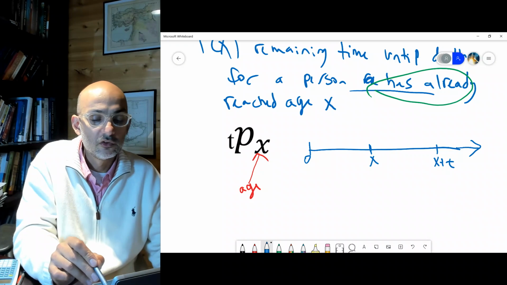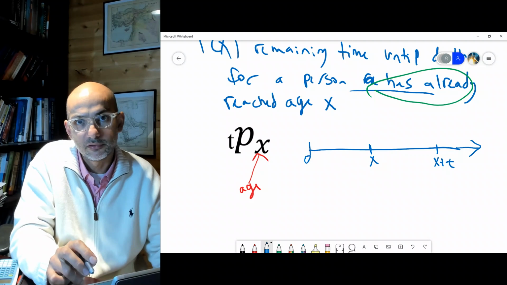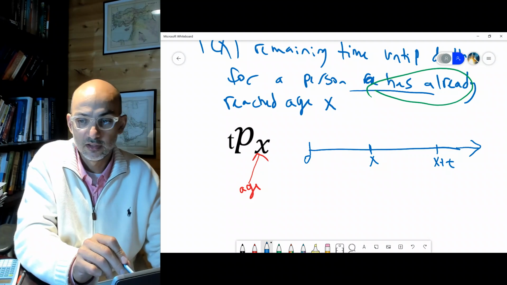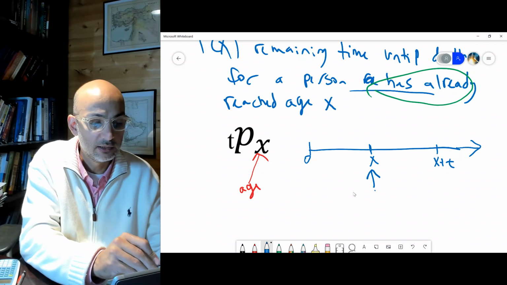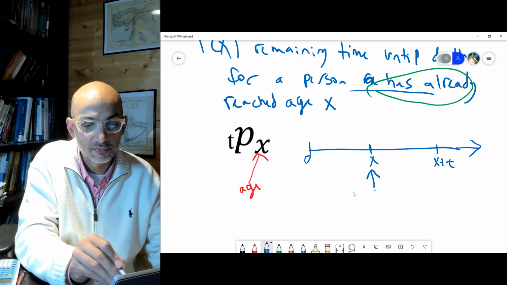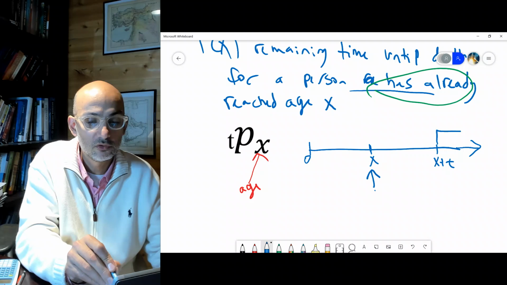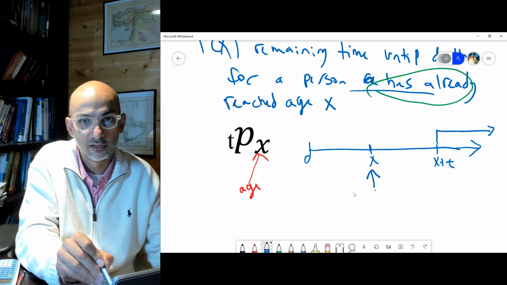Right? So this one, p_x, is survival. It's a survival function. The life already reached age x. This is the age x. And what's the probability for the remaining lifetime to survive to age x plus t?